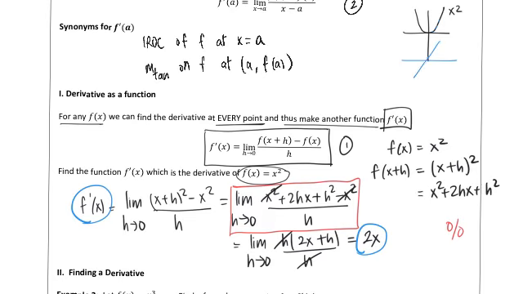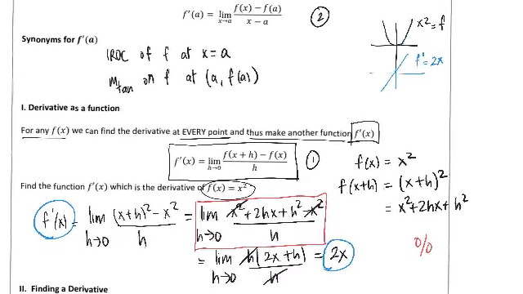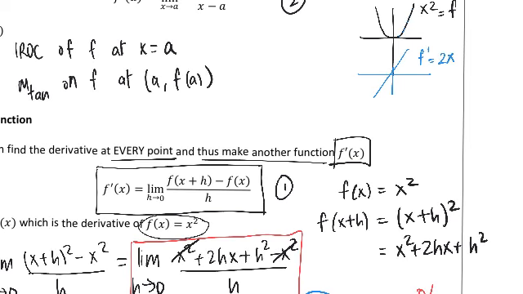So I can make another function down here, which is f prime, that's equal to 2x. This function on top is f. So if I wanted to find the slope of the tangent line on the parabola at x is equal to 5, then I just have to do 2 times 5, right? So just come down to my 2x graph and read off the y value, which would be 10.